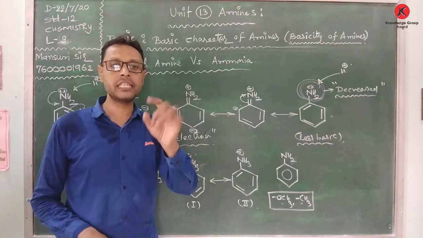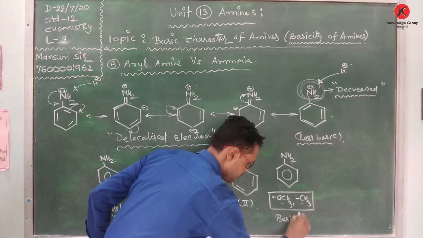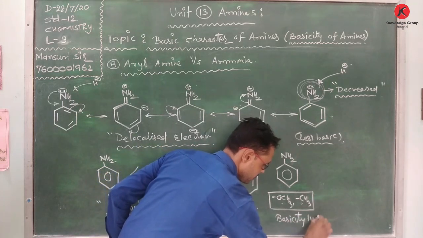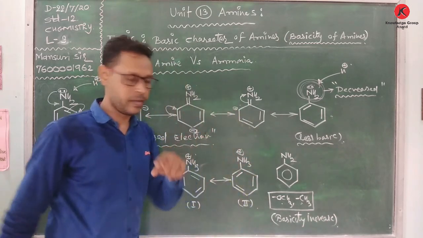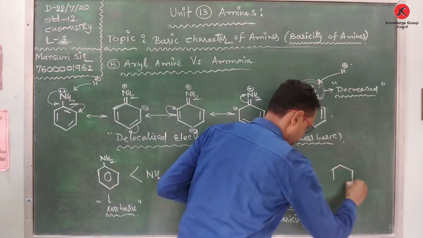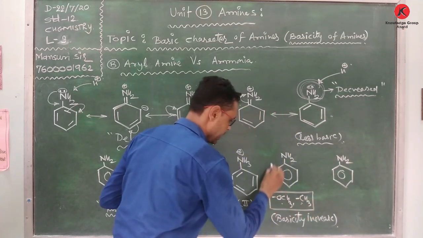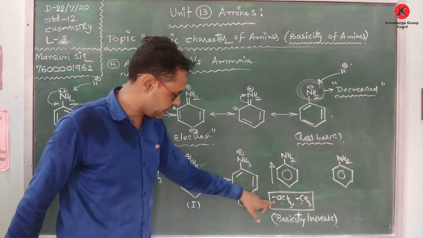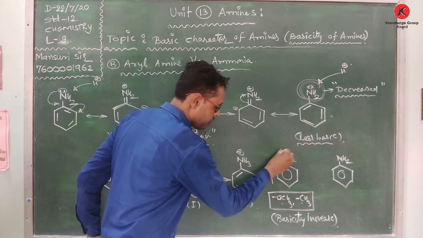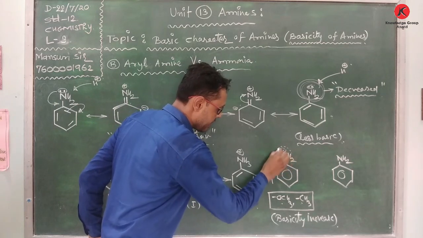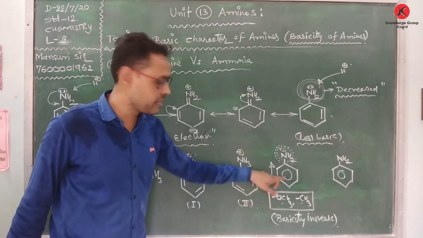Then the basicity will increase. In aniline, these groups are electron donating groups. So these electrons will go toward the nitrogen, and nitrogen has more electron density. That is why it becomes more basic.